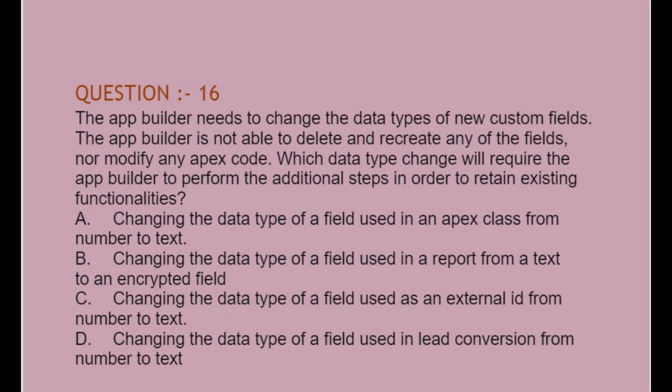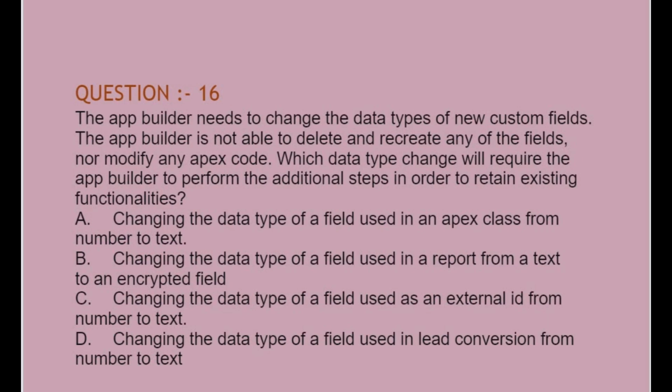Question is the app builder needs to change the data types of new custom fields. The app builder is not able to delete and recreate any of the fields nor modify any Apex code. Which data type change will require the app builder to perform additional steps in order to retain existing functionality? Option A, changing the data type of a field used in an Apex class from number to text.